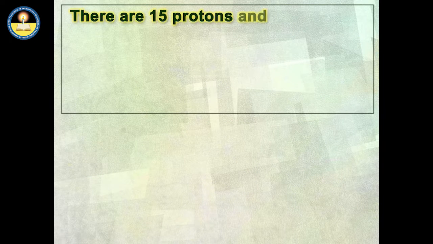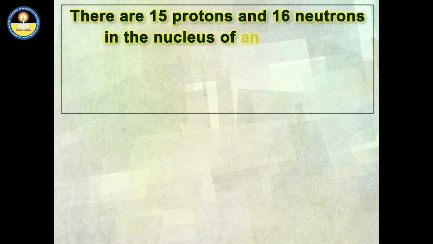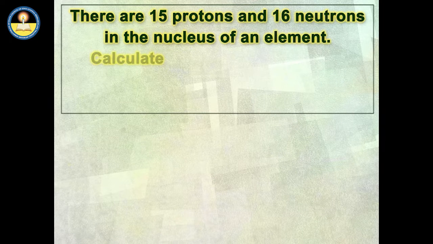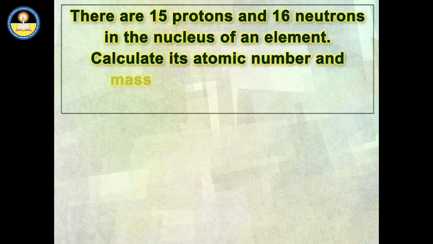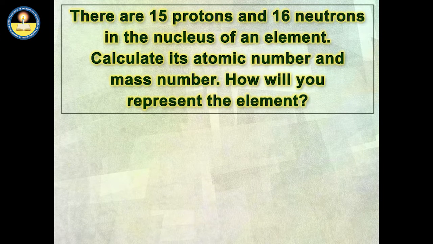Let us now discuss an example. There are 15 protons and 16 neutrons in the nucleus of an element. Calculate its atomic number and mass number. How will you represent the element? And now the solution.